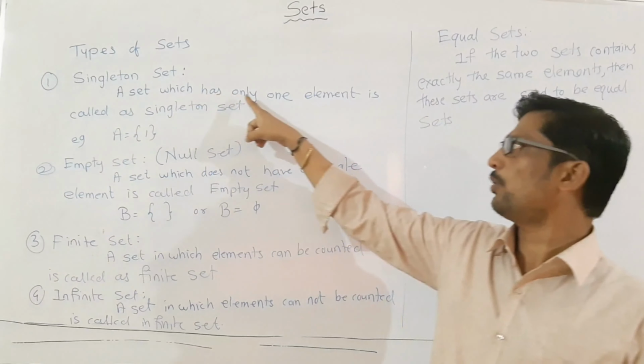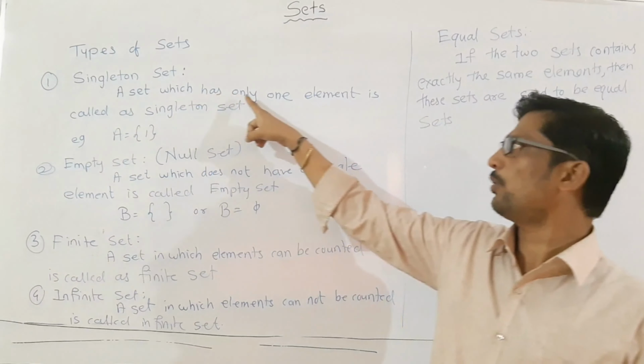Next is the infinite set, a set in which we cannot count the elements. For example, the set of all natural numbers starts from 1, 2, 3, 4 and ends at infinity, and we cannot count that. So that is called an infinite set.